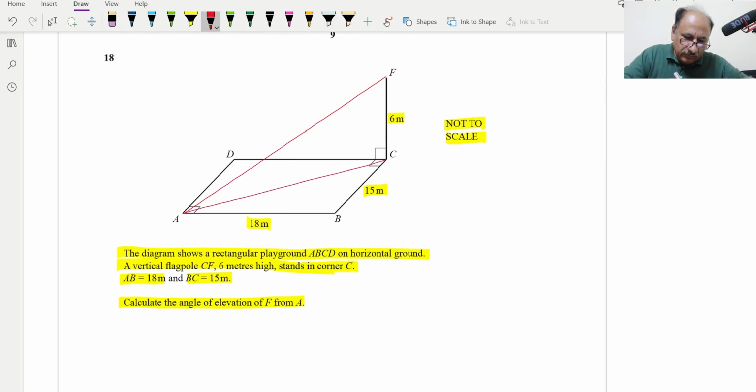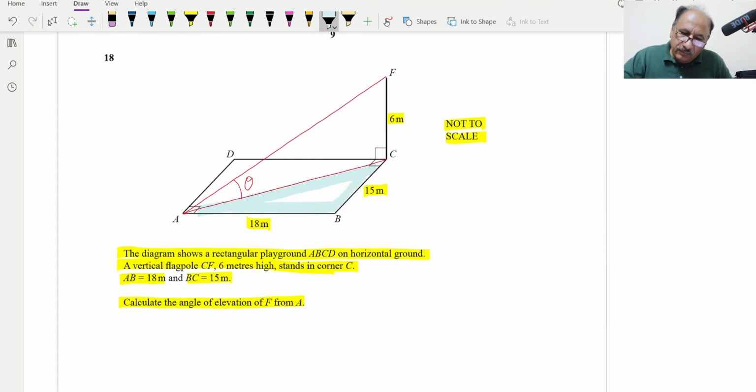So this will be the base, and we need to find this theta angle. Hopefully you understood this. Now we will shade. First of all, we need to find the hypotenuse of this triangle.